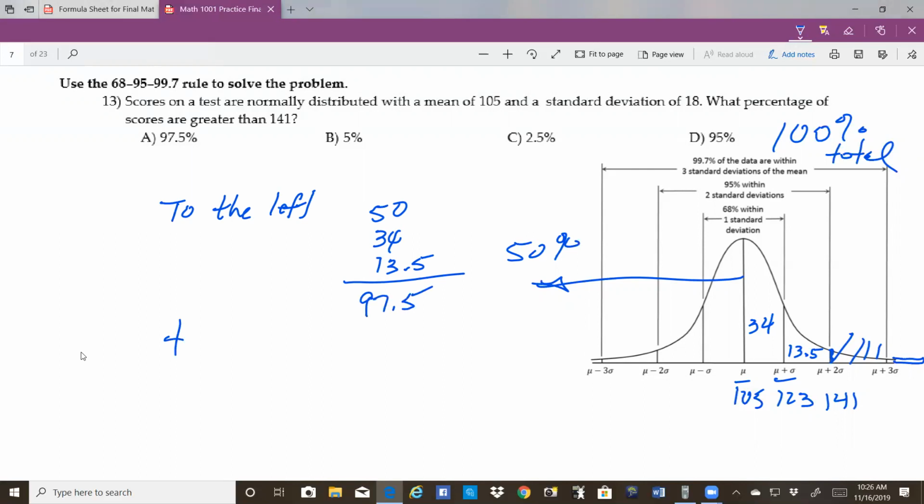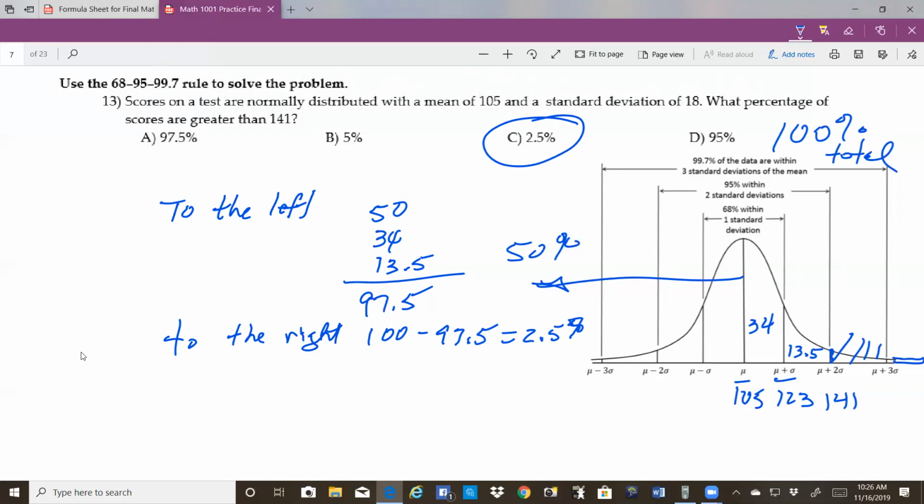So to the right, which would be the percentage greater than two standard deviations, would be 100 minus 97.5, which is 2.5%. So the answer is C, 2.5%.